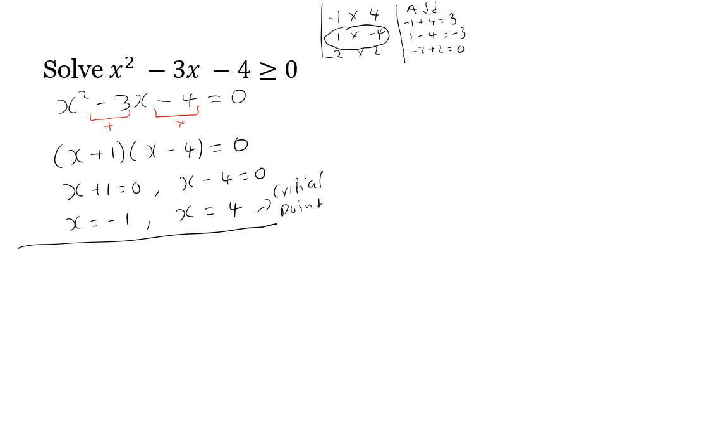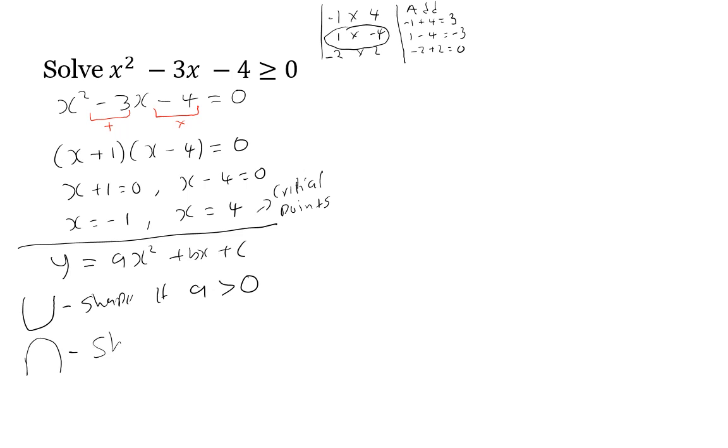Critical points. So now let's remember, whenever we have a quadratic equation, y equals ax squared plus bx plus c, if you want to plot it in a graph, it has a U shape if this a, the coefficient of x squared, is greater than 0, and it has an N shape if this a is less than 0. So let's look at our problem.